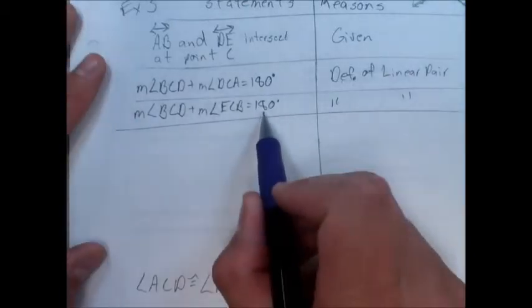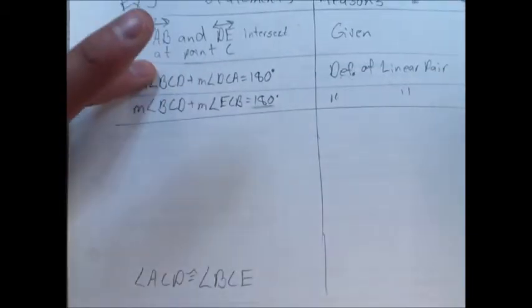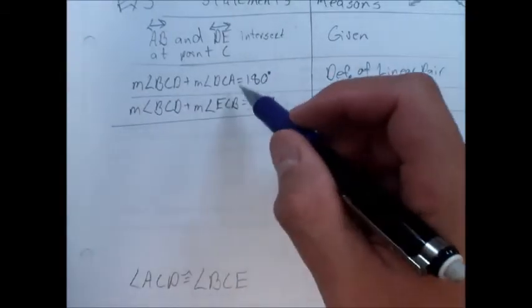So here, because it's 180, am I talking supplement or complement? Supplement, right? Because that one's 180. So I'm going to use the definition of supplementary angles here. It's either that or vertical angles. So I'm going to go with, hopefully, supplementary angles, because that's what I'm starting to prove right here.